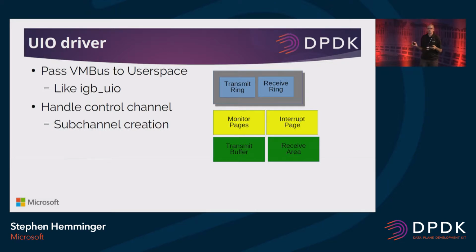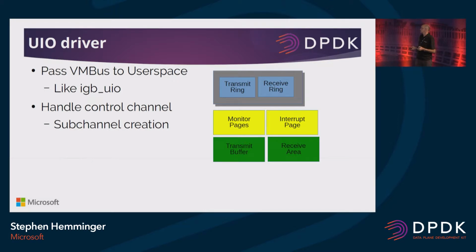The transmit buffer is something that's VMBus specific, and it's a way to optimize transfers. Turns out that setting up the DMA in the host is moderately expensive because it has to go lock down pages and do stuff. So if it has a predefined area that's reserved, it's faster to send from that.